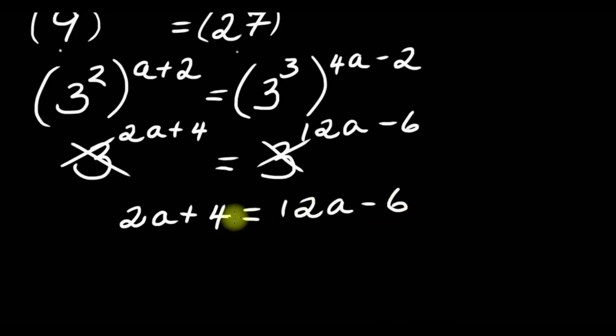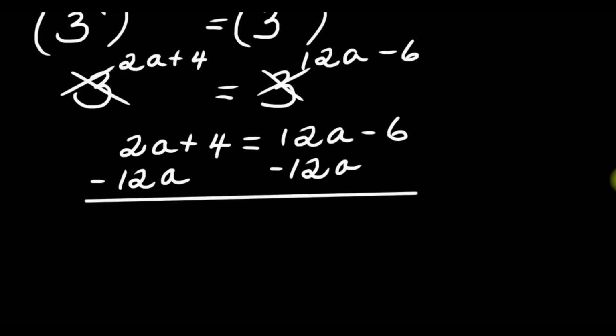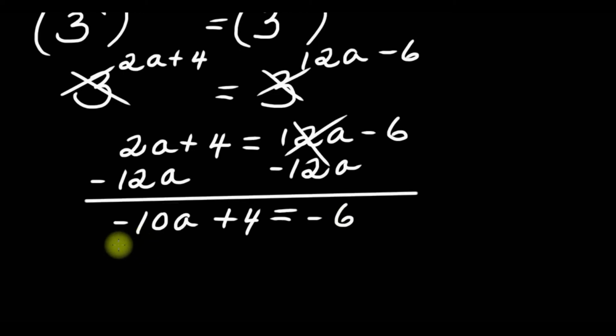Okay, solve for a. I need to get a on the same side of the equal sign. So I would have to minus 12a here, and then minus 12a here. Okay, so here I have negative 10a plus 4 is, these are gone, bring down the negative 6.